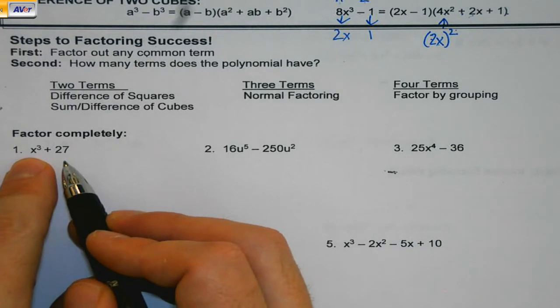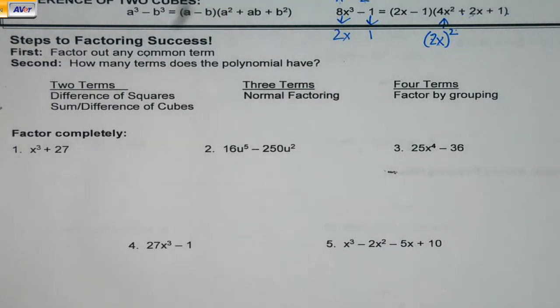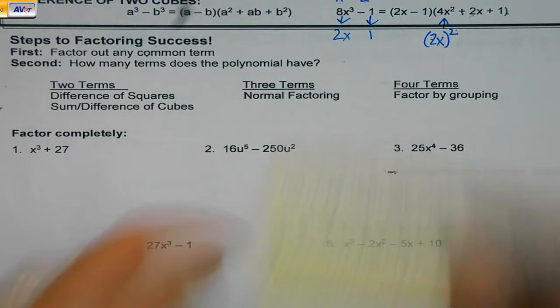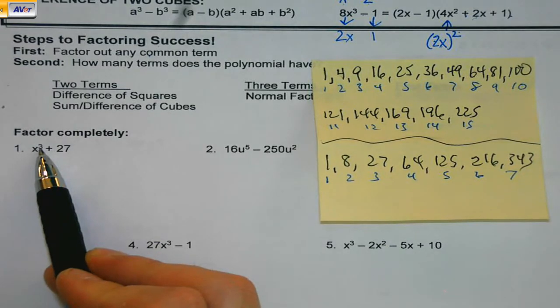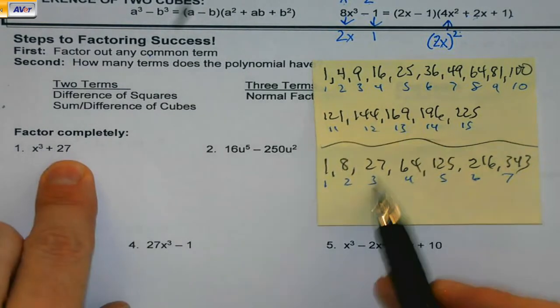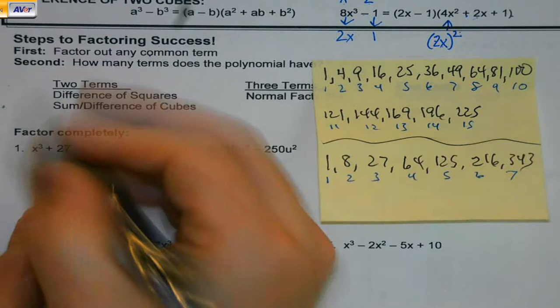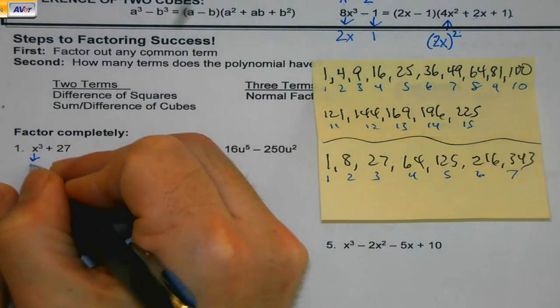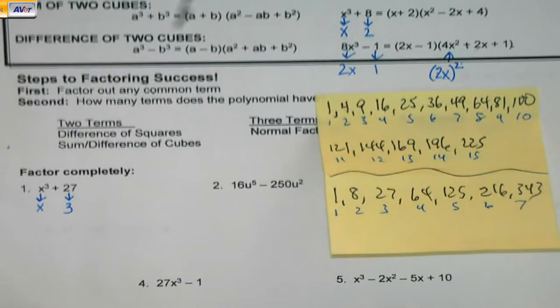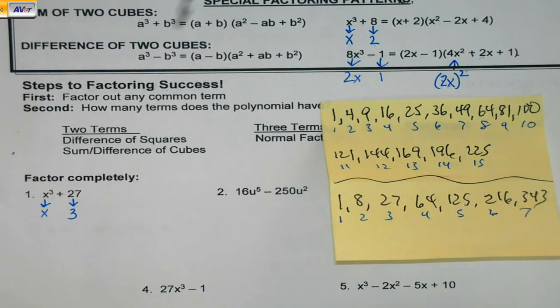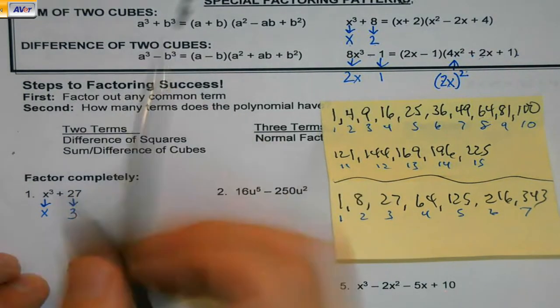No. So then I start and I'm like, okay, are there any special terms? Are there any squares or cubes or things? Now I should get a clue here. x to the third. Wonder if 27 is a cube. Oh, it is. So I jot down what I cubed to get each piece. And again, if for right now I need to look at the form up here to see how it goes, that's okay. So I'm like, okay, sum of cubes.